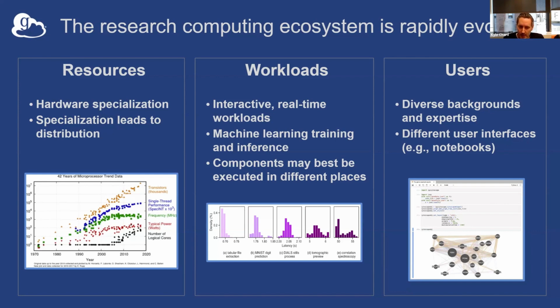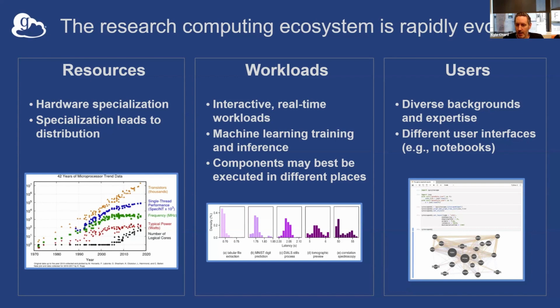On the leftmost is a text tabular file extraction, where we're going through text and extracting files, running for less than a second, through to scientific applications like tomography preview, DIALS stills processing, and correlation spectroscopy. These are all analyses for beamline data coming off the Advanced Photon Source, and you're seeing these types of functions running for seconds, less than a minute.